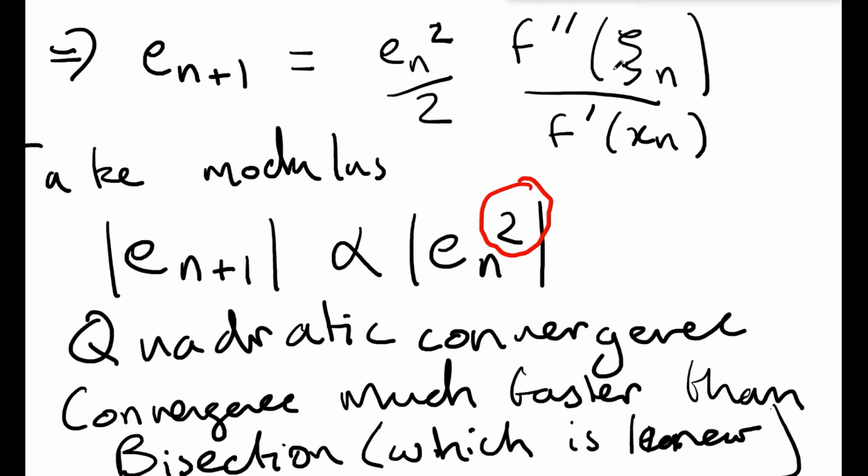I'll define what I mean by that, but it means that the gradients need to work, so for example, f prime doesn't need to get too small. So you remember in our general convergence law, you had a coefficient a and you had a power q. So we've clarified that the power q is 2, but the coefficient now is something dependent on f double prime and f prime. So let's look a little bit more at that.